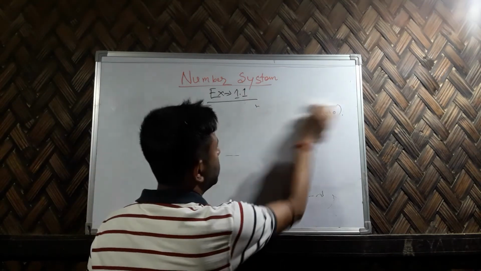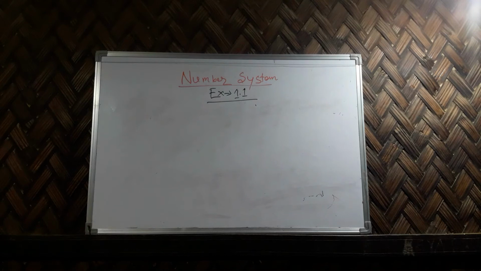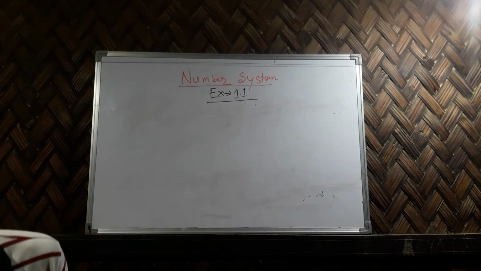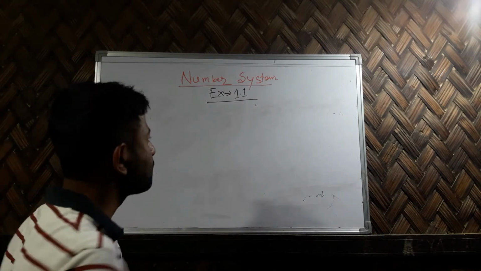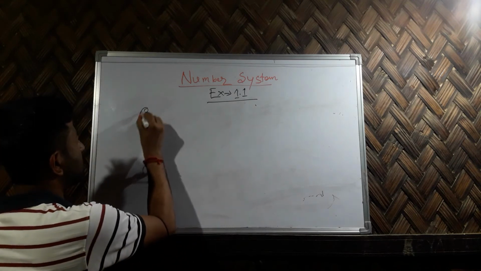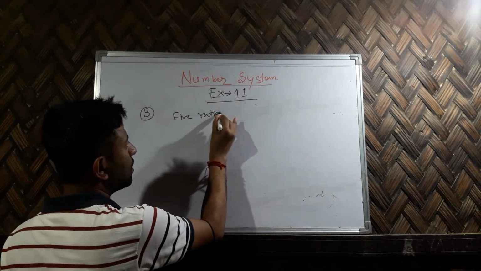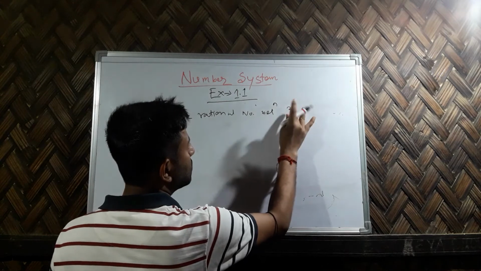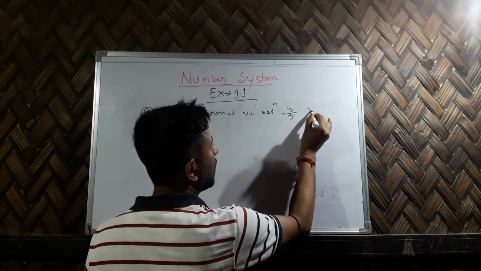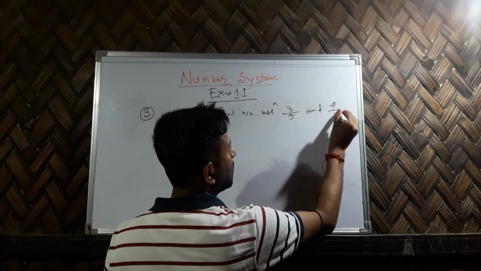Now the next question. Next question is, a fraction is given: find 5 rational numbers between 3/5 and 4/5.